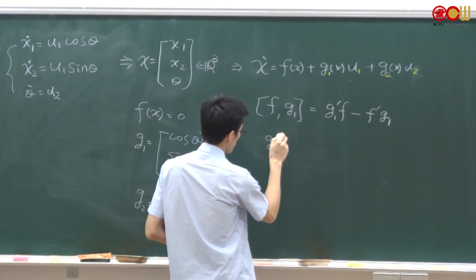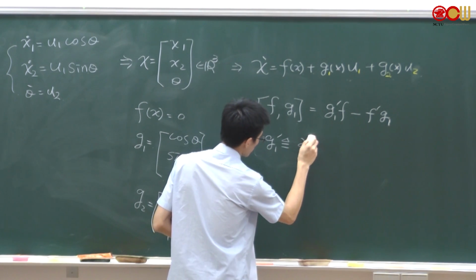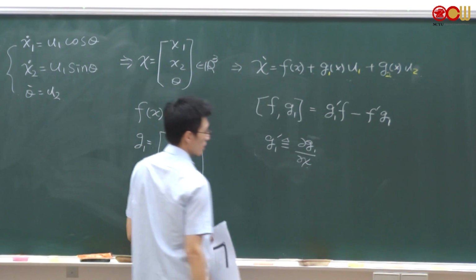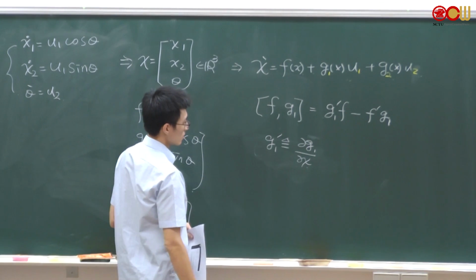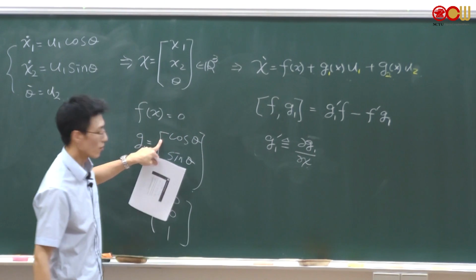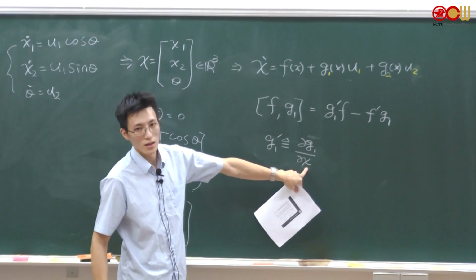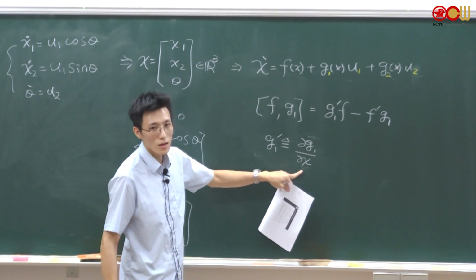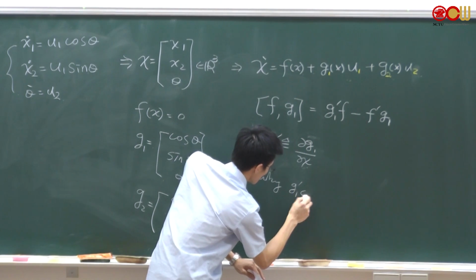So what is the partial of G1? It's defined as the gradient of G1 with respect to X, which is the state. What's the dimension of G1? 3 by 1, right? And X is 3 by 1. So what will be the dimension of this gradient? It will be 3 by 3.